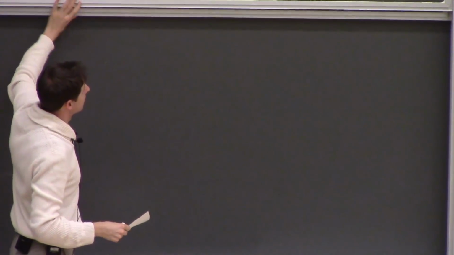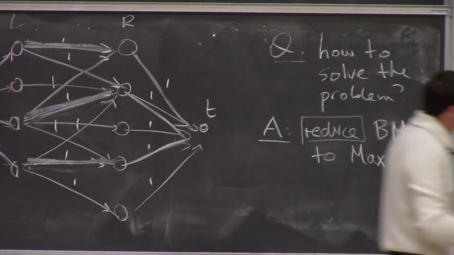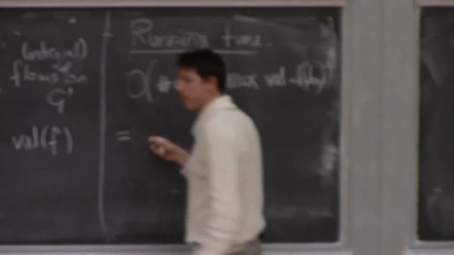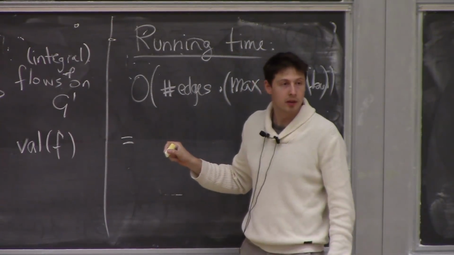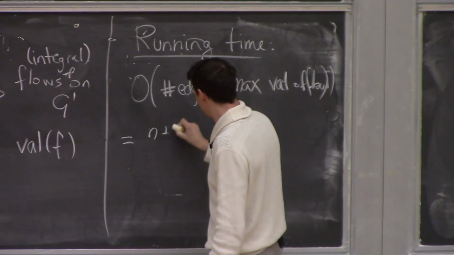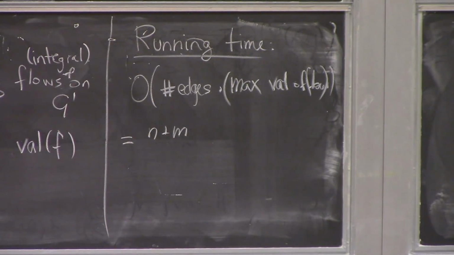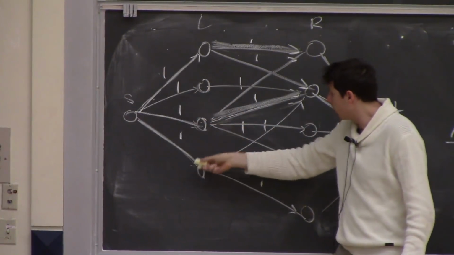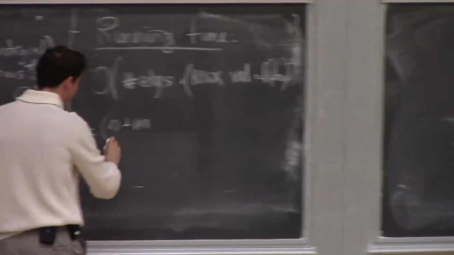In terms of those numbers, what is the number of edges now? N plus m, right? Because we're counting all the edges we had already, that's m. We added new edges, one per vertex. How many vertices do we have? N. OK.